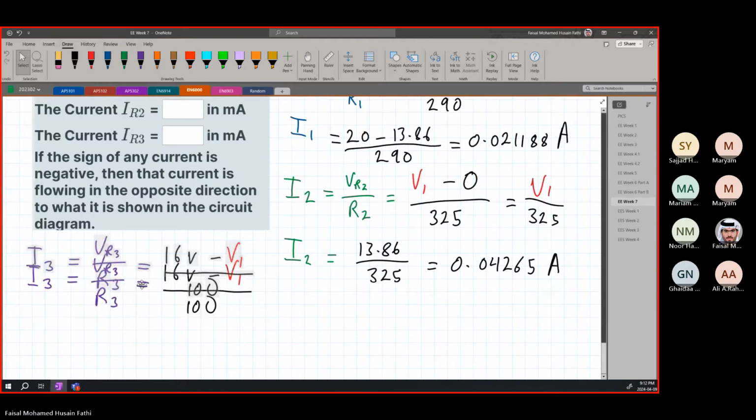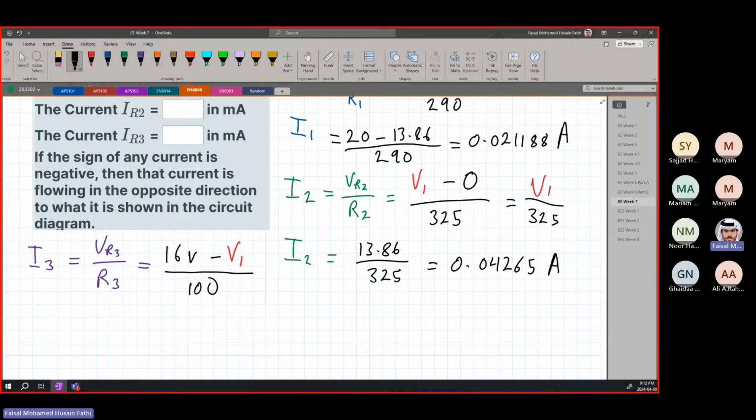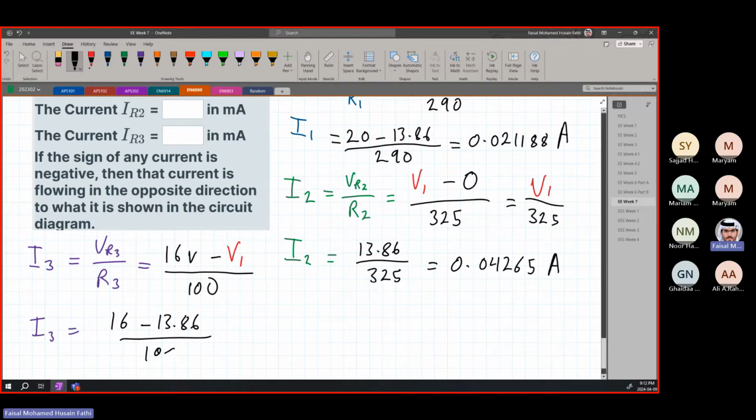And lastly, we're going to look at I3. I3 is equal to 16 minus V1, which is 13.86, divided by 100, which is equal to 0.0214 amps.